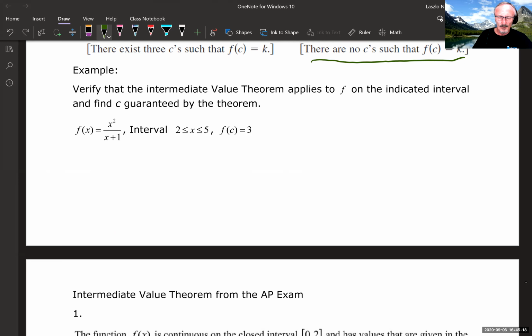First and foremost, we must establish that f of x is continuous on the interval 2 through 5. f of x does have a continuity issue, but that is at x equals -1, where the denominator would be 0. So I think we can establish that f of x is continuous on the interval.